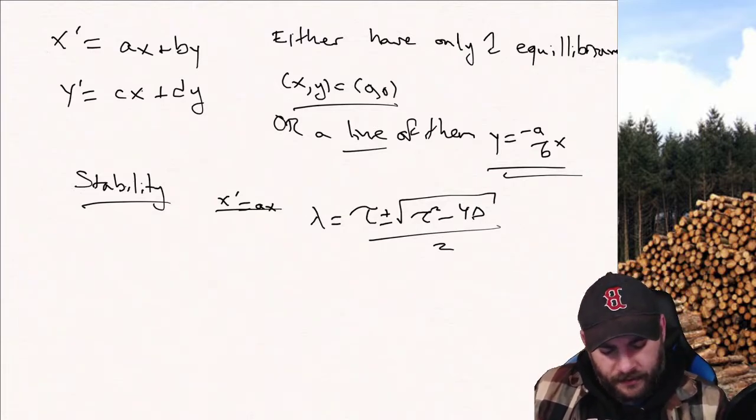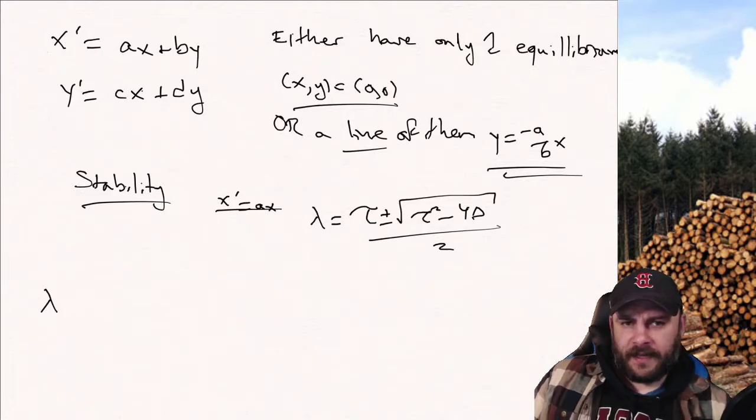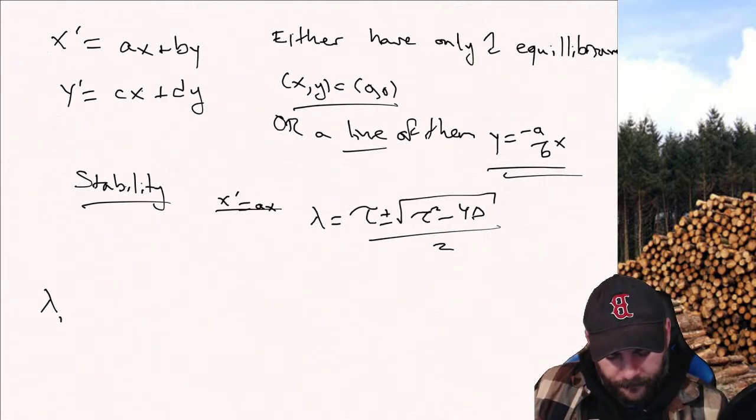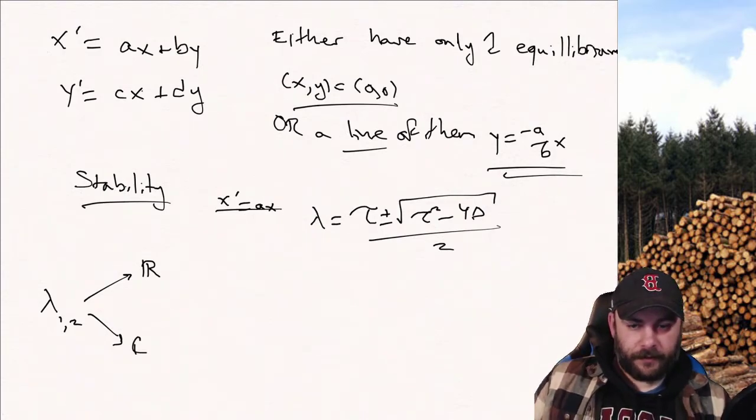Okay, so I like this little tree type diagram here. We've got our lambdas, lambda 1 and 2, and there are 2 broad cases. They can either be real valued or complex valued.